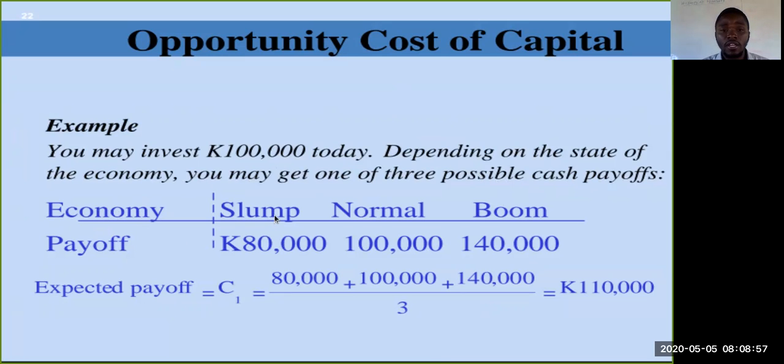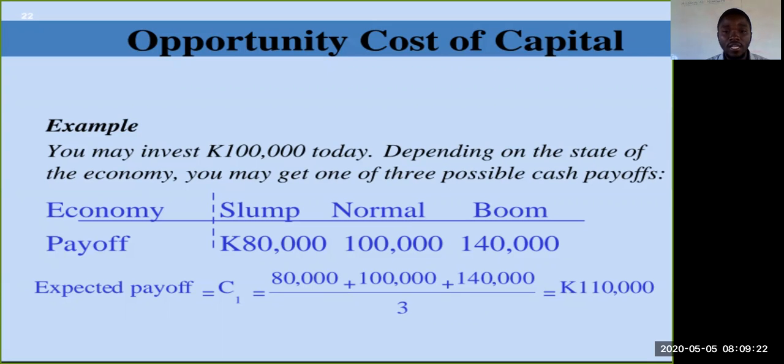When the economy is in a slump, you get 80,000 kwacha. When the economy is in a normal state, you get 100,000 kwacha. And when the economy is in a boom, you get 140,000 kwacha.